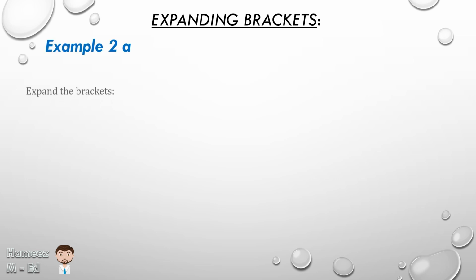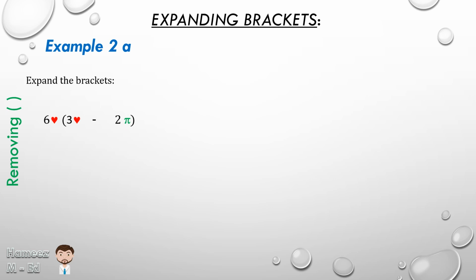So we're going to continue expanding the brackets with some more examples. Just remember that expanding the brackets means to multiply and thus remove the brackets. In our first example, we have 6 hearts multiplied by the brackets, 3 hearts minus 2 pi. In order to do this, we multiply the 6 hearts by the first term and then by the second term.